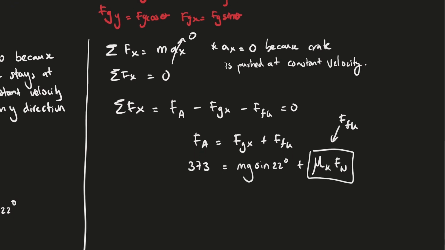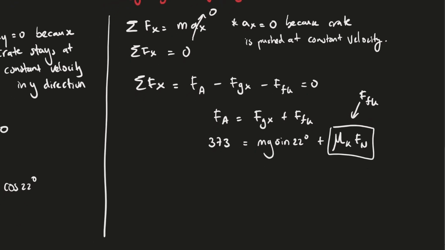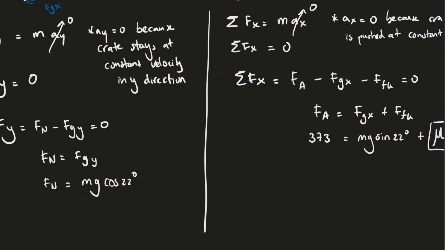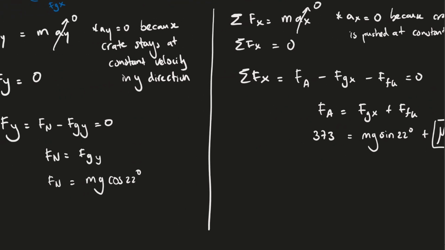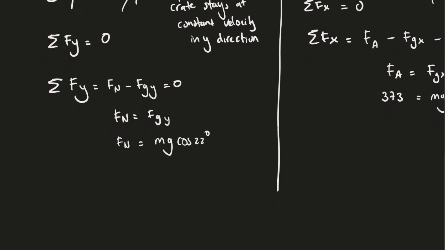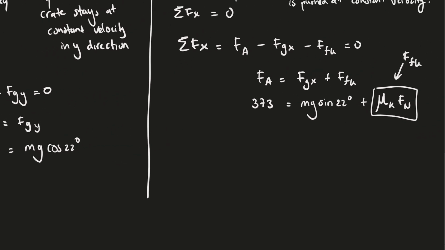So now we have this equation, and notice how Fn we have already solved. We can find Fn from our y component earlier, so let's go ahead and sub that in.